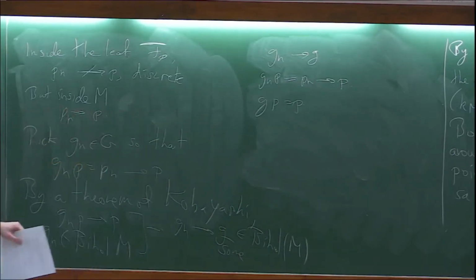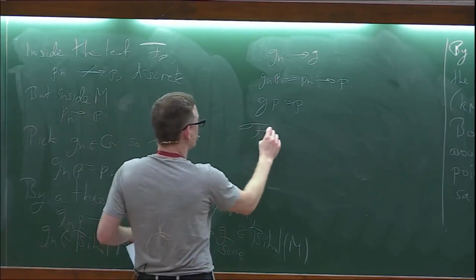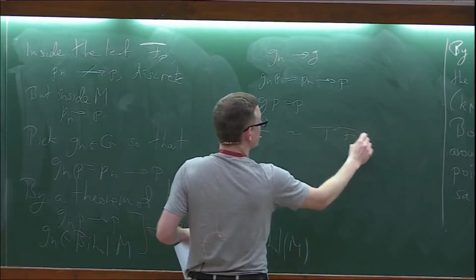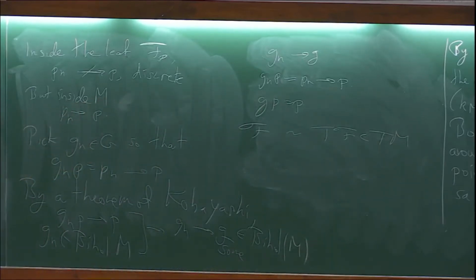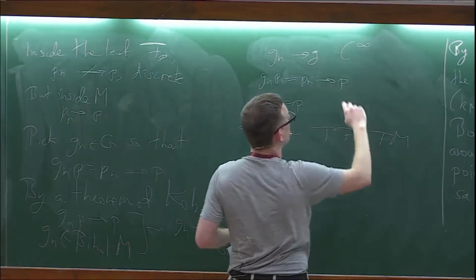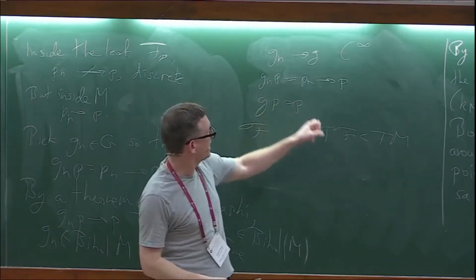Now we have to worry about whether G preserves the foliation. But a foliation is determined by its tangent bundle, so the foliation is the same information as the tangent bundle of the foliation inside the tangent bundle of the manifold. Since the Gn converge to G with derivatives, in C infinity on compact sets, they hold this thing invariant.